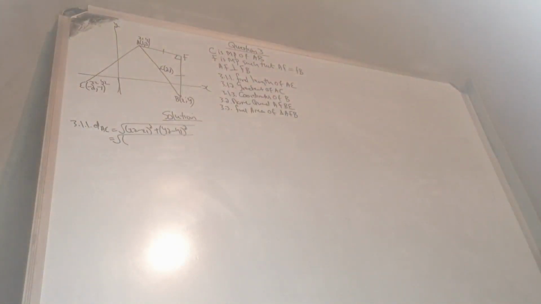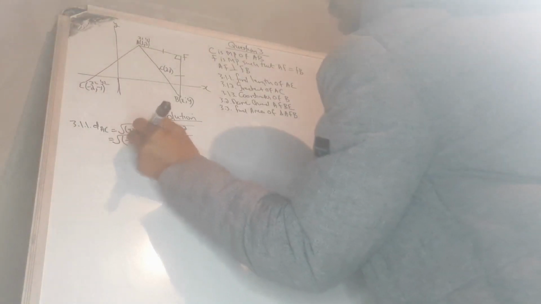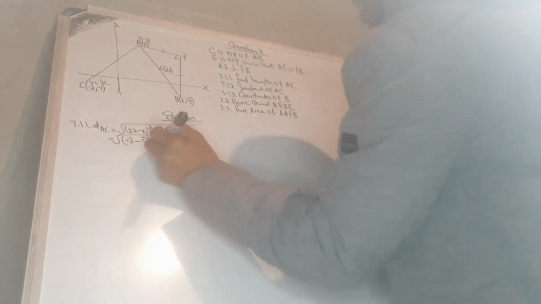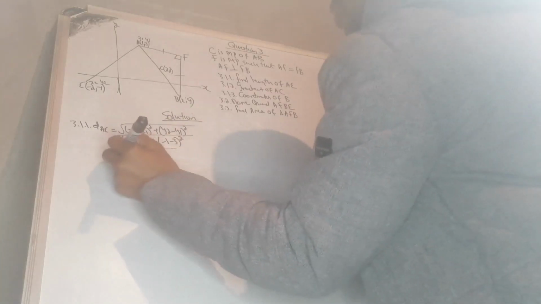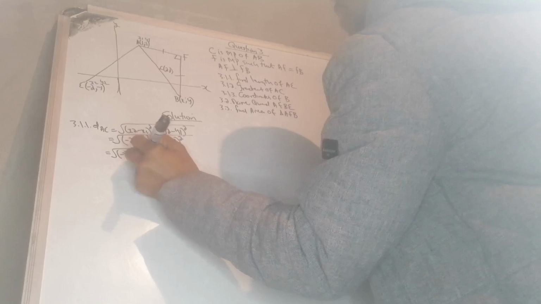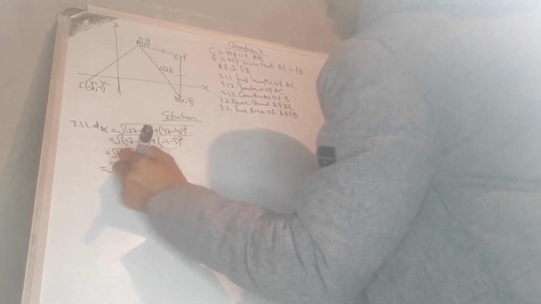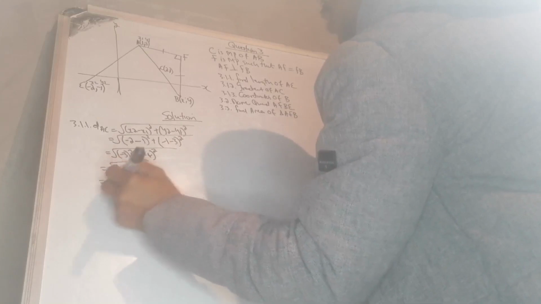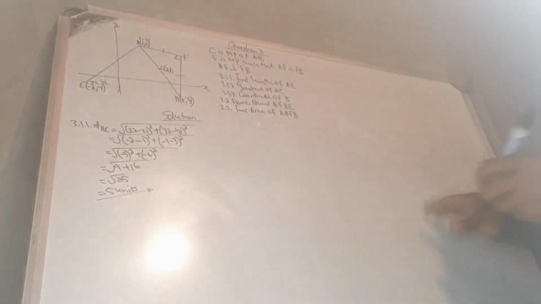Right, here we have -2, -1, here we have -1, -3. So -3 squared minus 4 squared. 9 plus 16, square root of 25, 5 units. I have that 5 units.